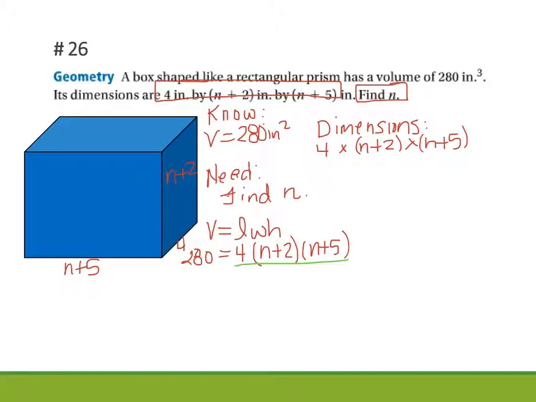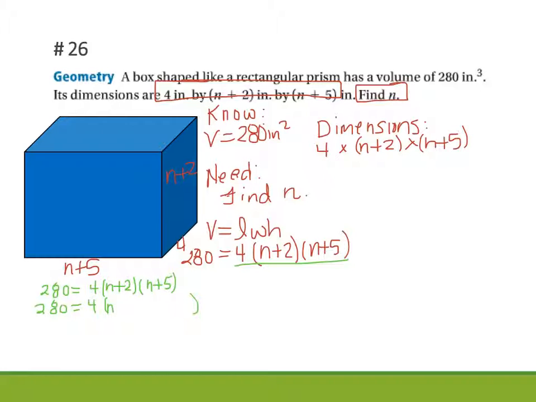So the next thing I'm going to do is simplify that equation. So I'm going to go ahead and rewrite it over here. And then I'm going to use the FOIL method to multiply the two binomials that are in the dimensions. So I'm going to keep the 4 on the outside, but I'm going to multiply n plus 2 times n plus 5 together.